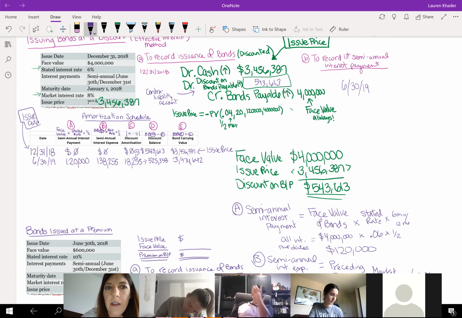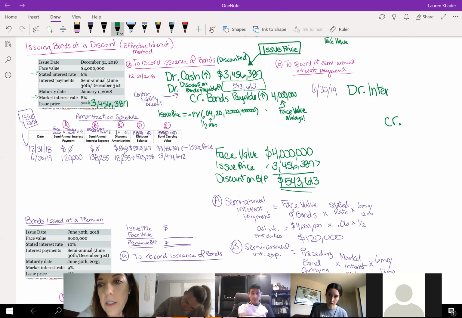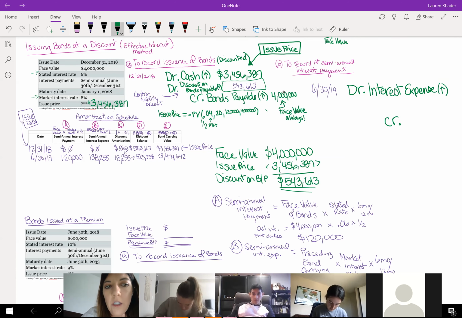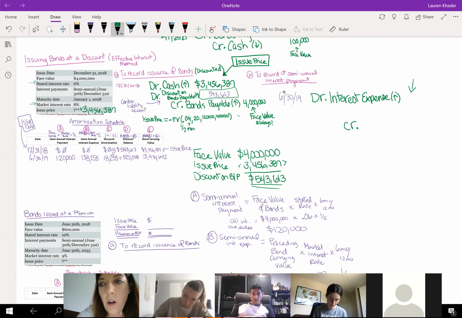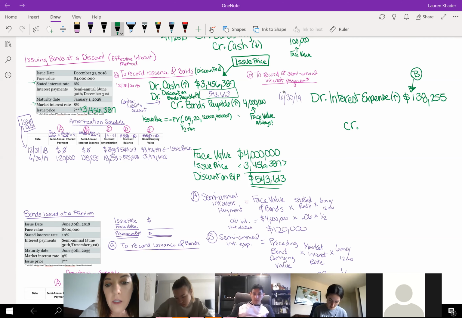So we're going to debit interest expense because we've incurred 6 months worth of interest from December 31st until June 30th. And this is going to come from column B. 138,255 is what we're going to include or incur as interest expense this period.